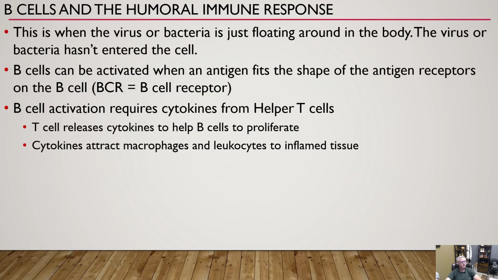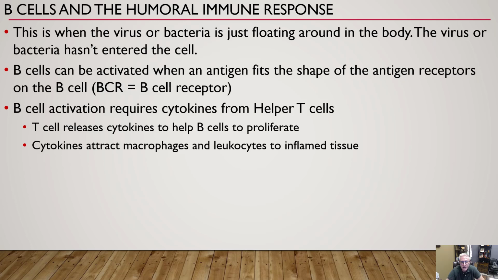All right, so switching topics to the B cell and the humoral immune system. On the B cell side, this is usually when the virus or the bacteria has not entered the body yet.